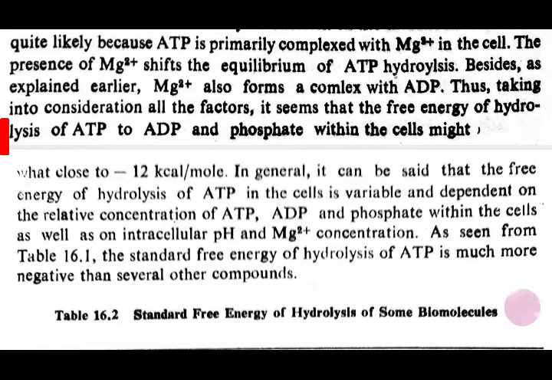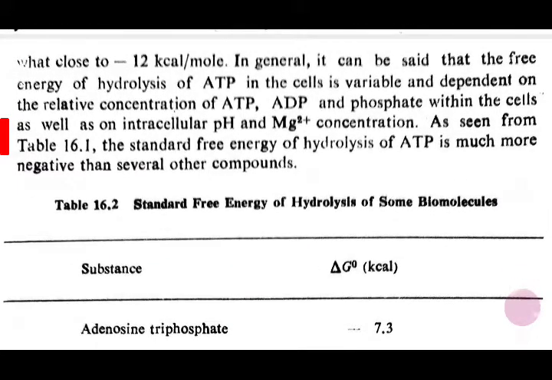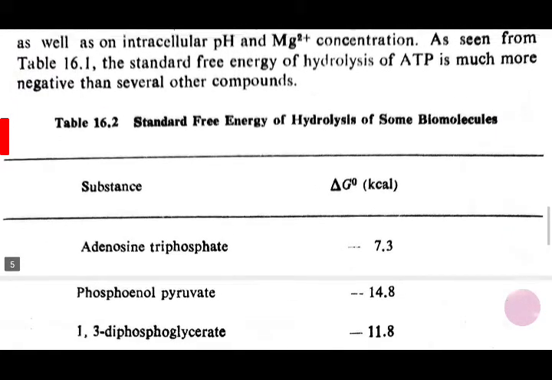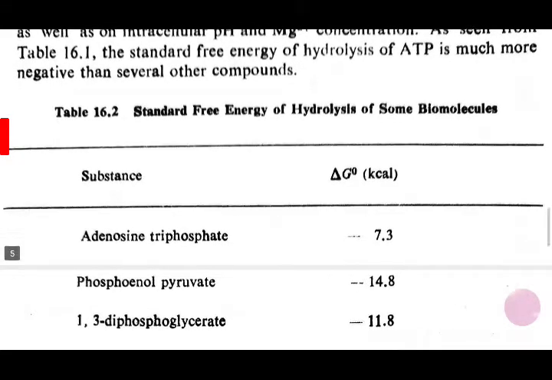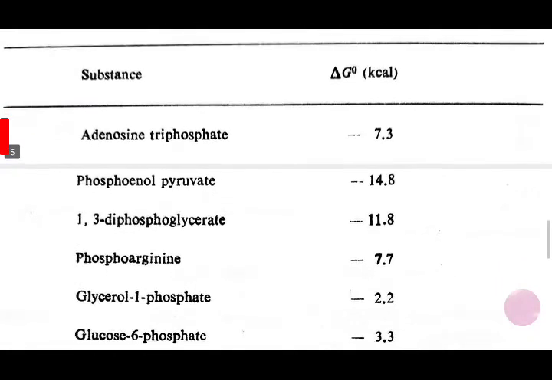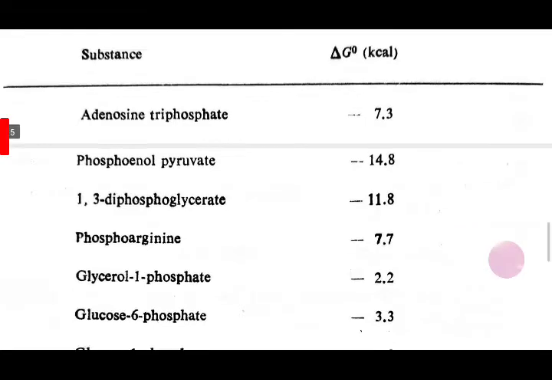As seen from the table, the standard free energy of hydrolysis of ATP is much more negative than several other compounds. The standard free energy change of hydrolysis is given in the following table, showing a series of substances and their free energy changes.